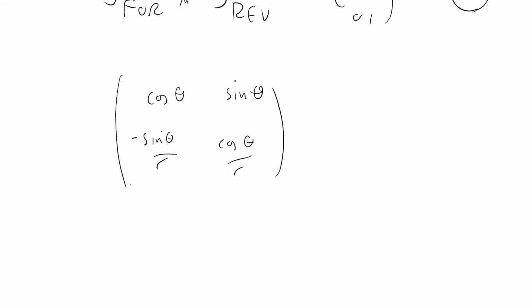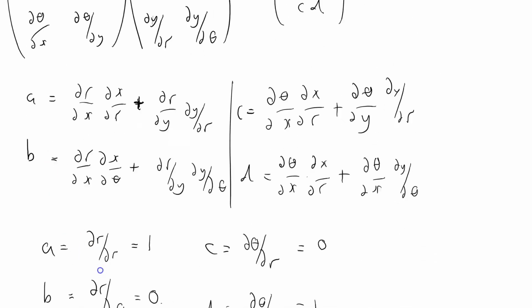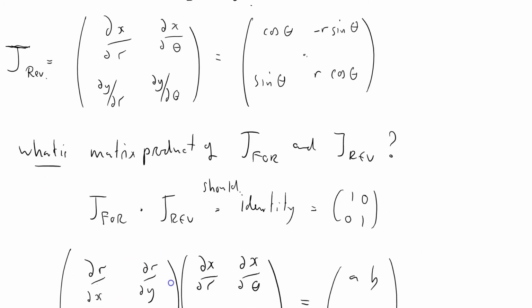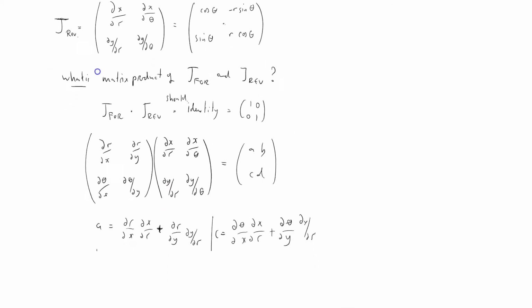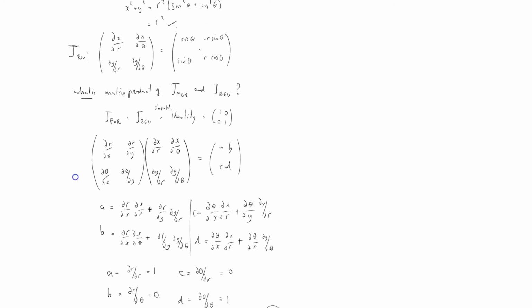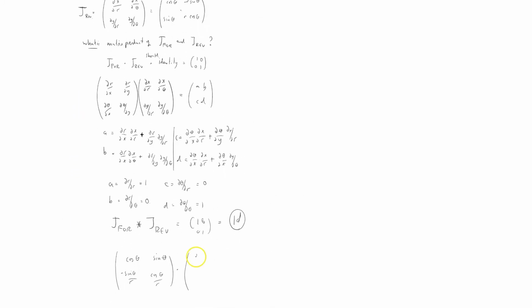Incidentally, while I'm doing this, I should have set out the determinant, and the determinant is pretty obviously 1 over r, times cos θ, minus r sine θ, sine θ, r cos θ.